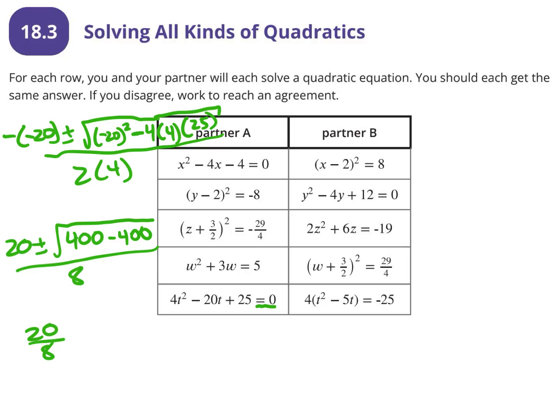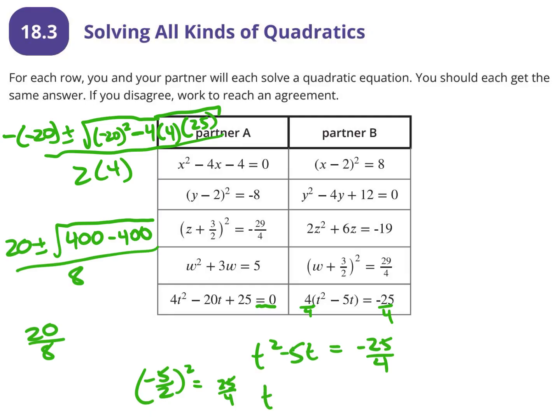And so on the right side, if we divide by 4, we get t squared minus 5t is equal to -25 over 4. Now, why am I doing it like this? I have to complete the square, so I do -5 divided by 2. I square it. I get 25 over 4.